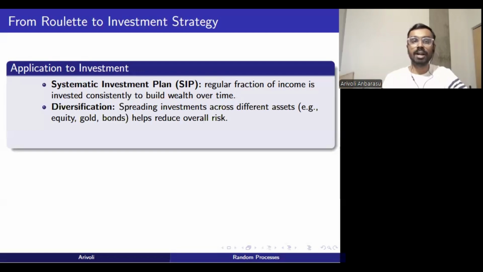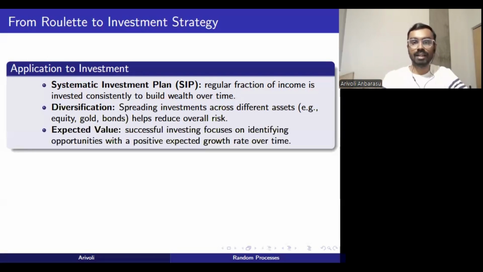The same idea applies to investing, where we spread money across different assets like stocks, gold, and bonds, which helps reduce overall risk. And finally, successful investing is about finding opportunities with a positive expected growth rate over time.